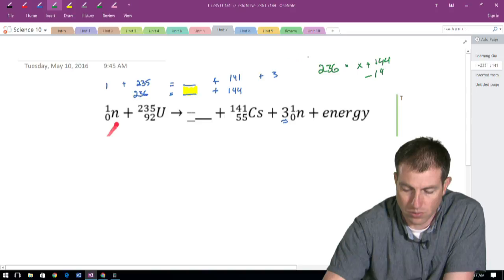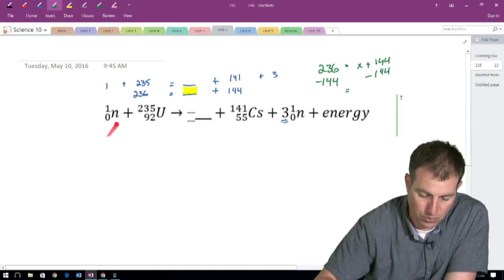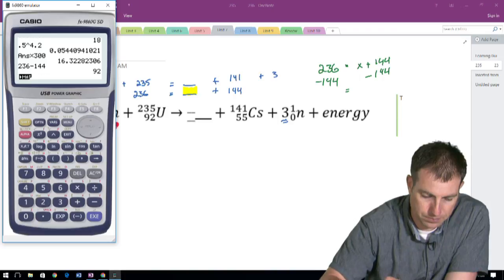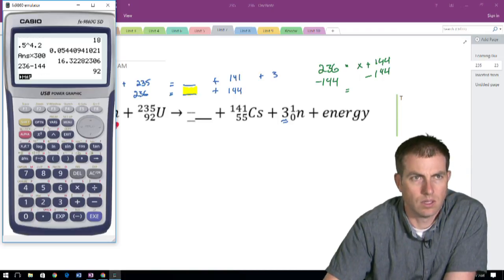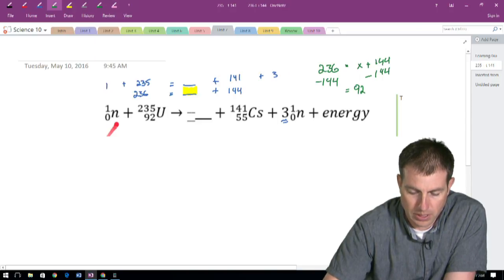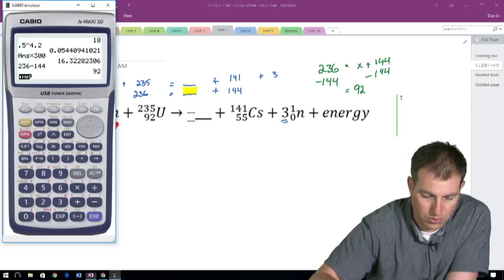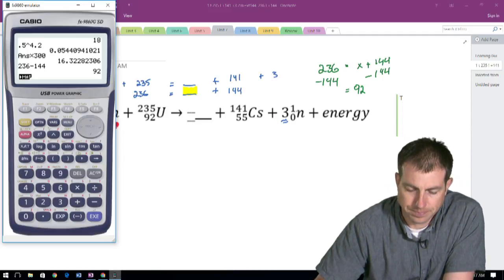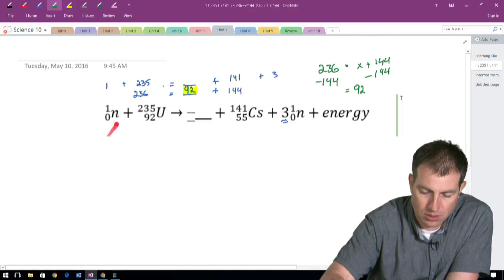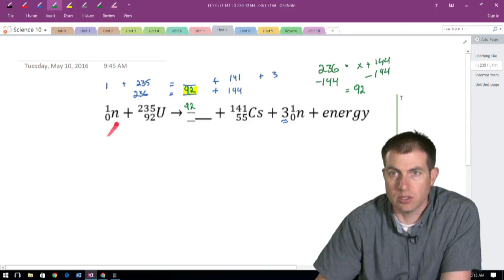I'm going to subtract 144 from both sides. What do I get? So 236 minus 144. I get 92. Did I do that right? 236 minus 144. It's looking good to me. So I have 92. So whatever goes here is 92. No worries.